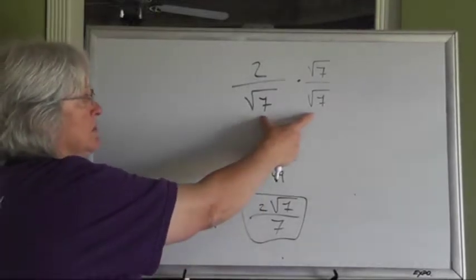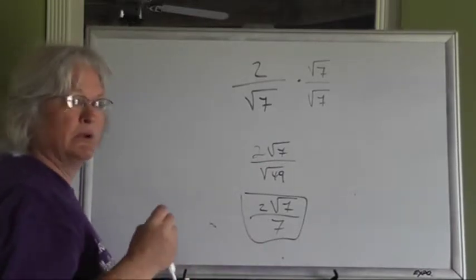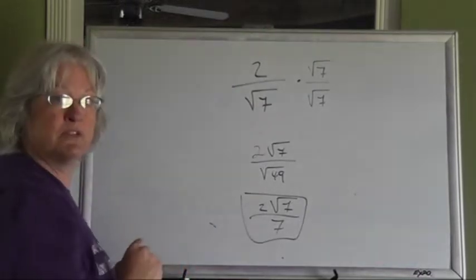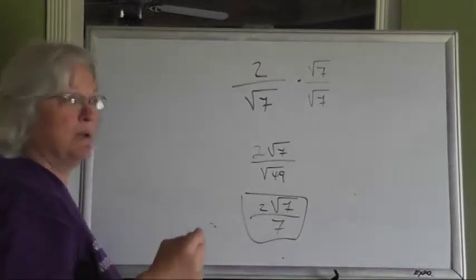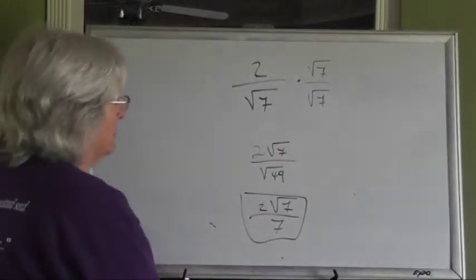What we're looking for in the denominator when we multiply by a radical is perfect squares. In this case, if this had been the cube root of 7, we'd want to multiply by something that would give us a perfect cube in the denominator.